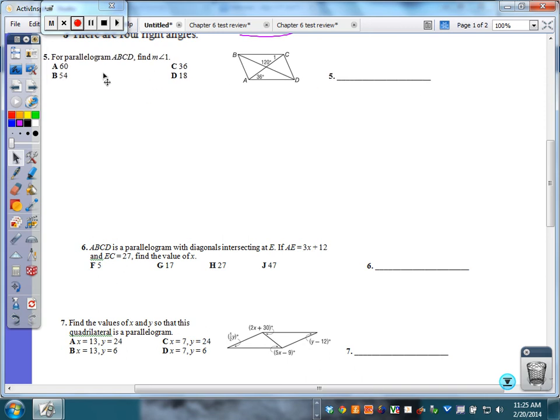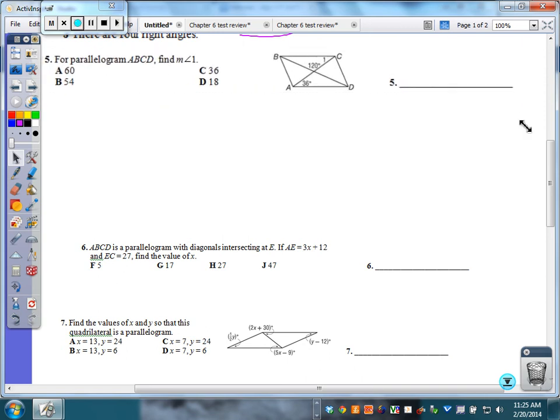All right. Number 5. One of the properties of a parallelogram is that the diagonal is going to create 2 congruent triangles. So this triangle is going to be congruent to this triangle.